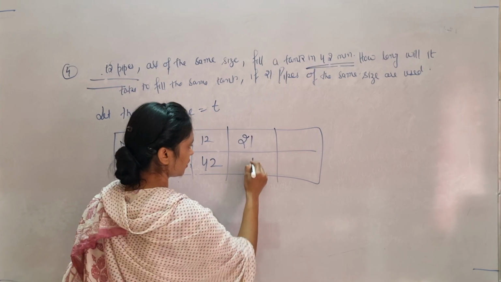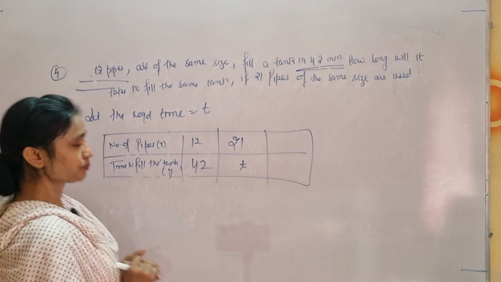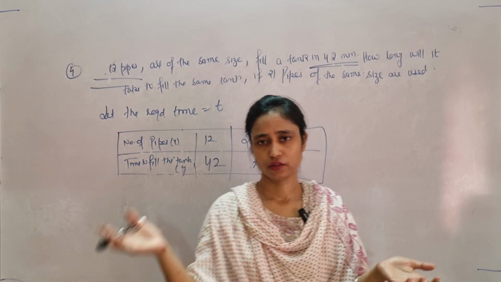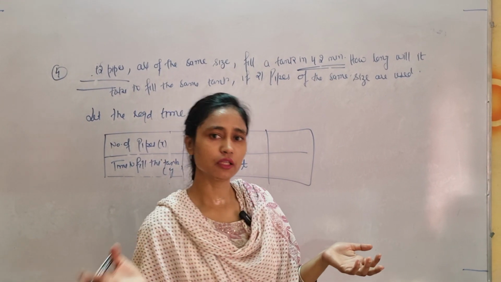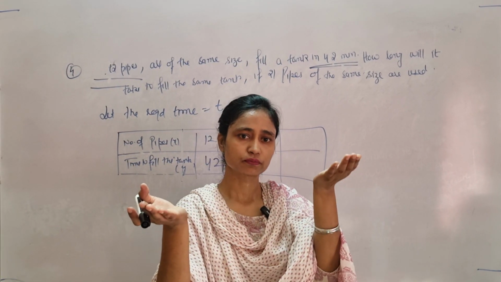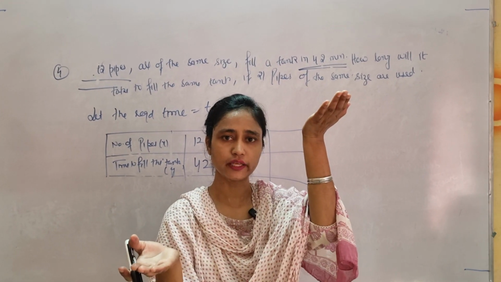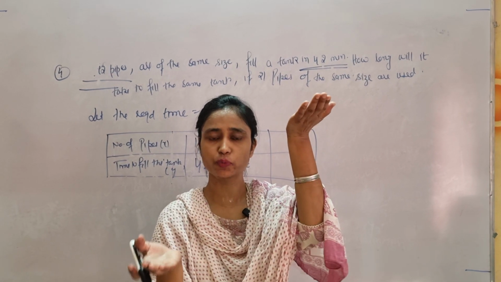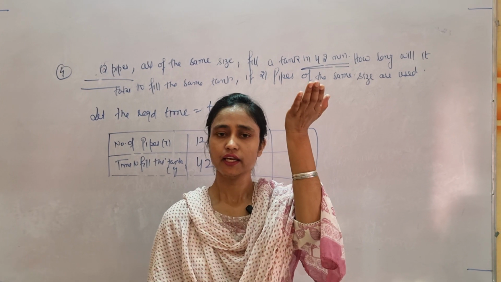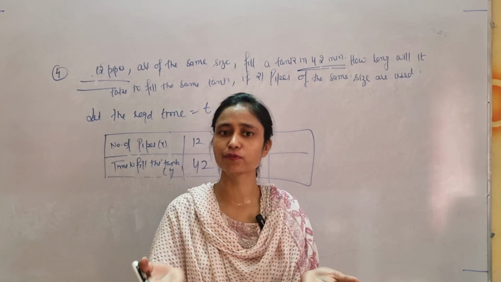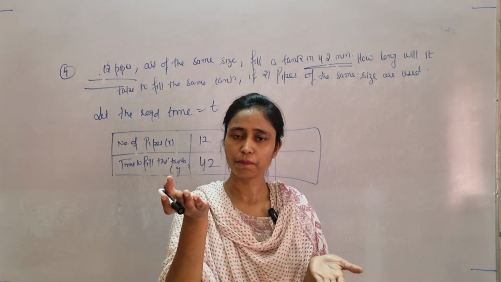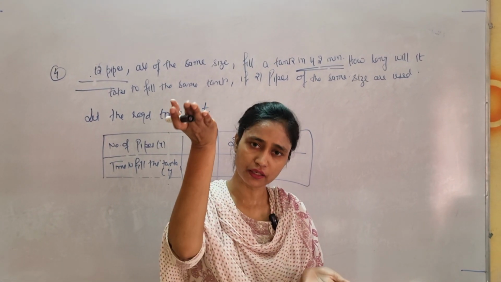See the relationship between the number of pipes and the time taken by the pipes to fill the same tank. If we use more pipes, the time taken to fill the tank will be less. If we use fewer pipes, the time taken to fill the same tank will be more.